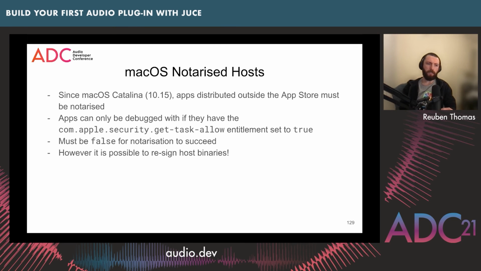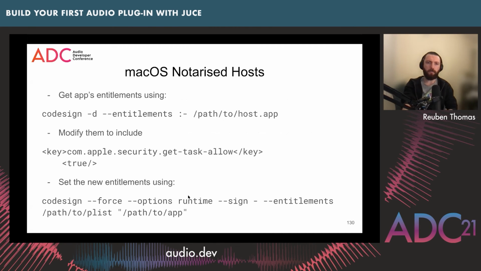And they tell your operating system what sorts of things the app is allowed or isn't allowed to do. So this includes things like starting the camera, starting the microphone, opening a Bluetooth connection, or allowing debugging, which is what we're interested in. So in order to debug a host application from a third-party developer, if that host application has been notarized, then we need to add this entitlement ourselves, which means re-signing the app.